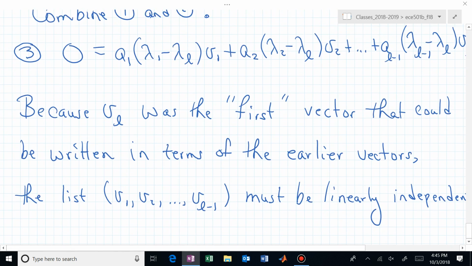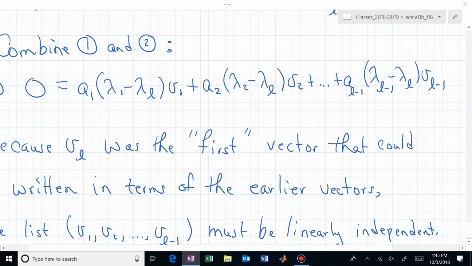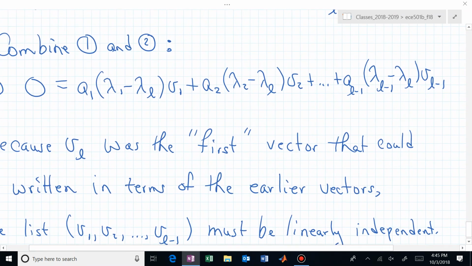But in equation 3, we have a list of linearly independent vectors combined to give us the 0 vector. And you know what happens when you combine linearly independent vectors with scalars and they give you the 0 vector. What does that tell you about the scalars? They all have to be 0.